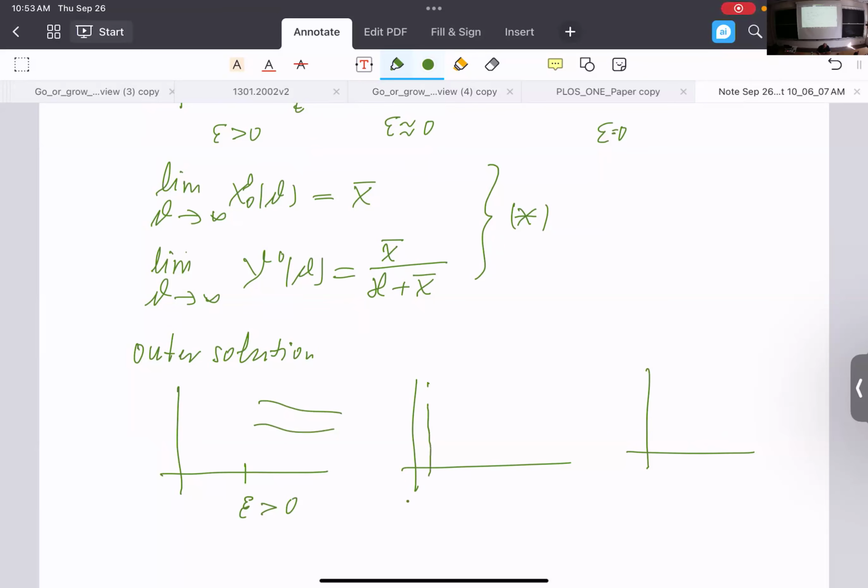If epsilon gets closer to 0, it gets here. And if epsilon is equal to 0, it will be the limit as tau goes to 0 of x of tau. Oh no, this is little x, little x0 of tau.